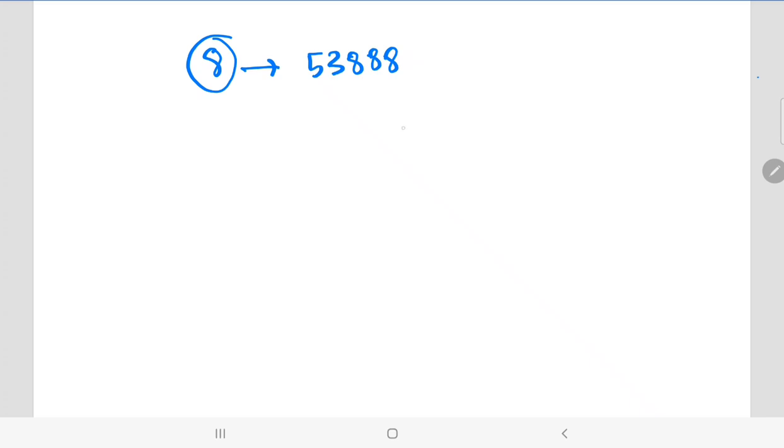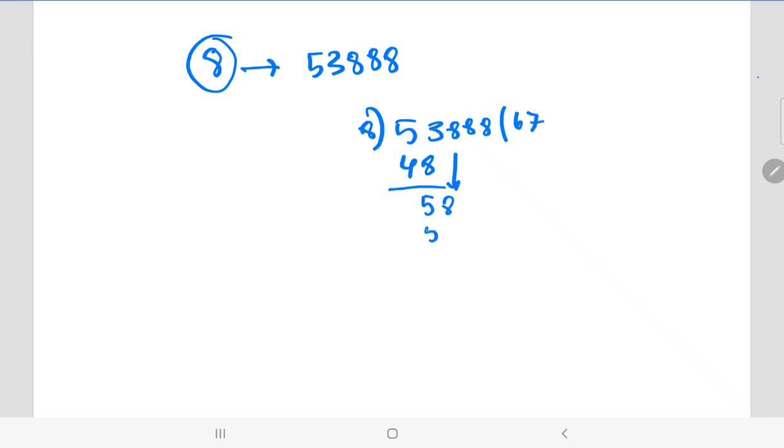Let us check whether this is true or not. So now I am going to take 8 6s are 48, where 5 will be the remainder. 58. 8 7s are 56. 2 will be the remainder. 8 3s are 24. 4 will be the remainder.